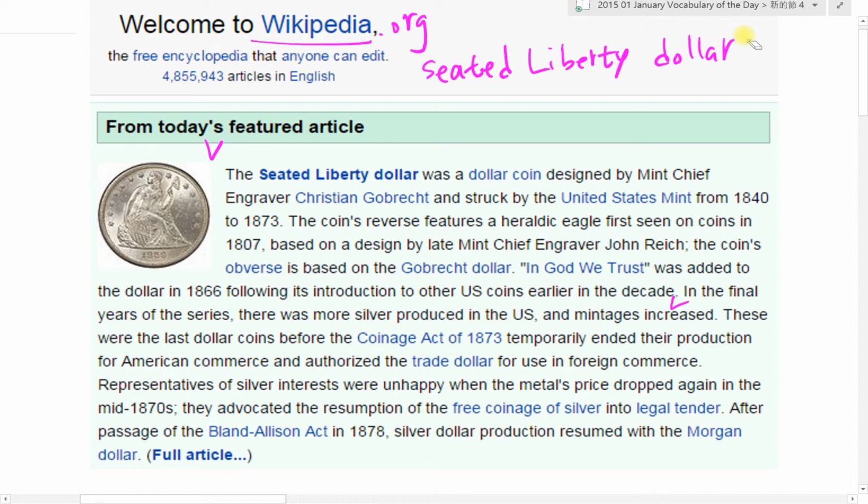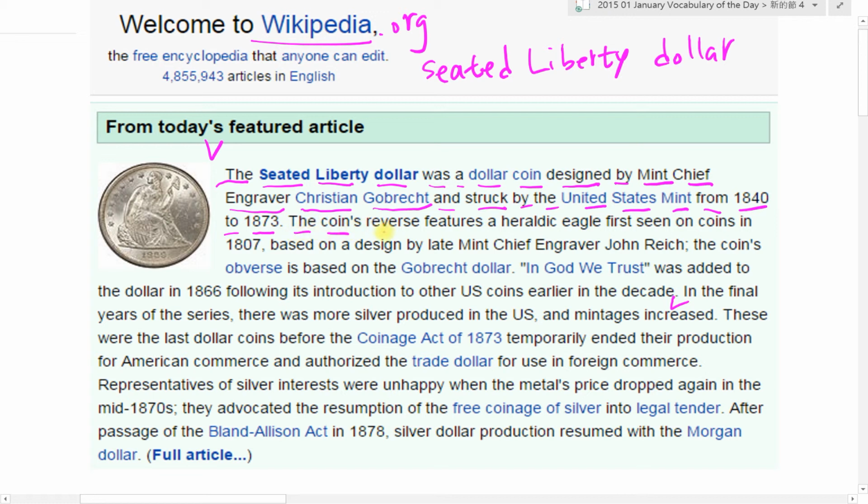好的，第二遍我们慢慢念，请跟老师一起念。The Seated Liberty Dollar was a dollar coin designed by Mint Chief Engraver Christian Gobrecht and struck by the United States Mint from 1840 to 1873.